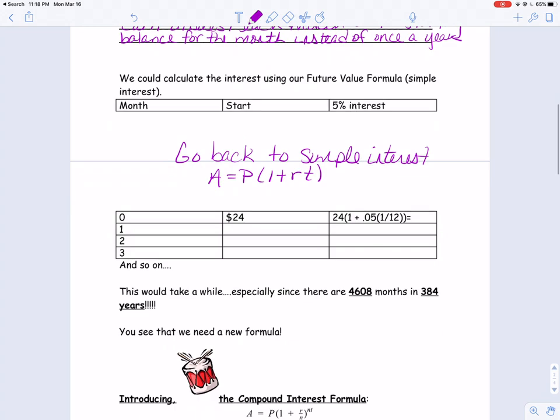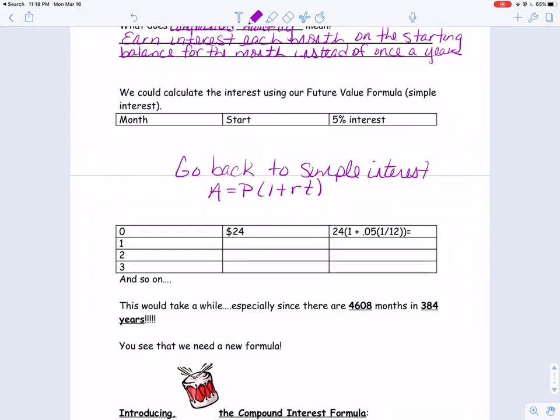So look at this. This is when the Indians first started. They started with $24, so they would put that into the simple interest formula. Remember, we need the time to be in terms of a year. Since it's just going to be for a month, we're going to put 1/12 as our time.